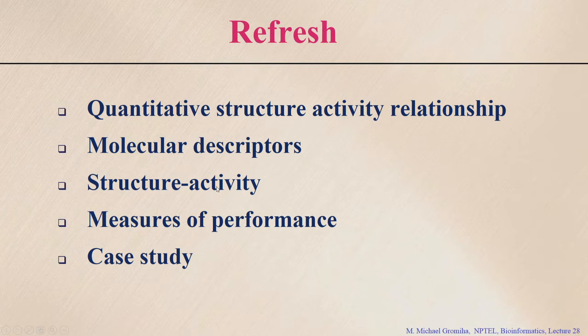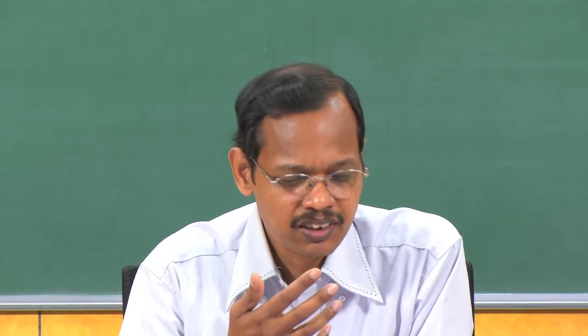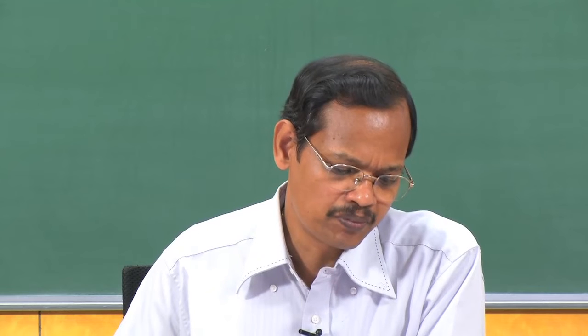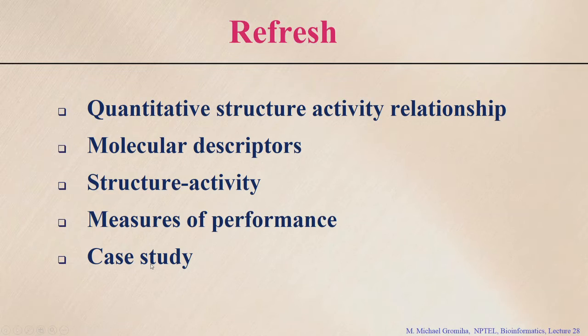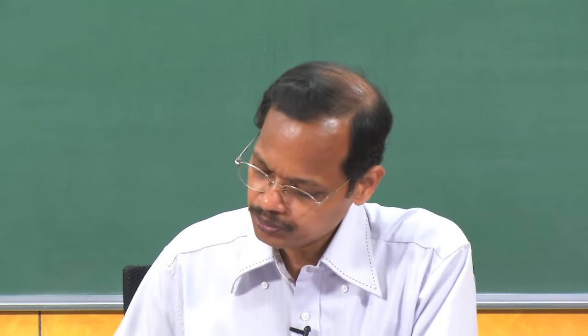Then we can relate these parameters with the activity and measure the performance, whether we can get good confidence or not, by means of the correlation. Depending upon the correlation as well as the cross validations, we discussed a few examples, mainly on BCL2 and the EGFR mutants for cancer. We tried to see how we can identify new compounds by fitting the QSAR models.